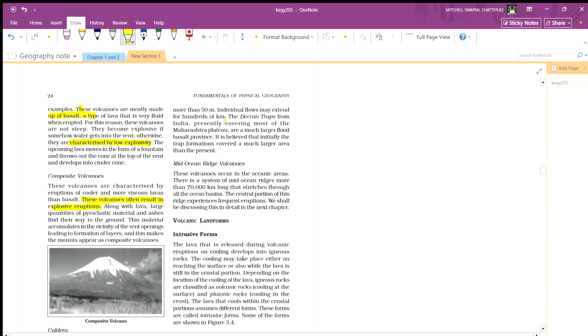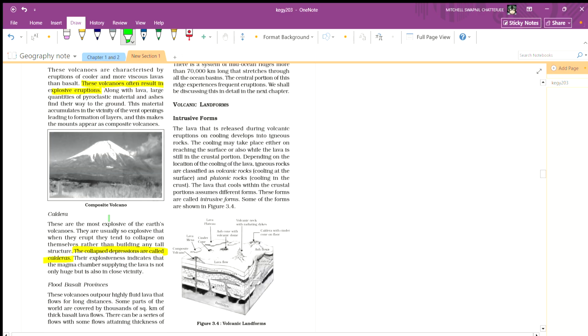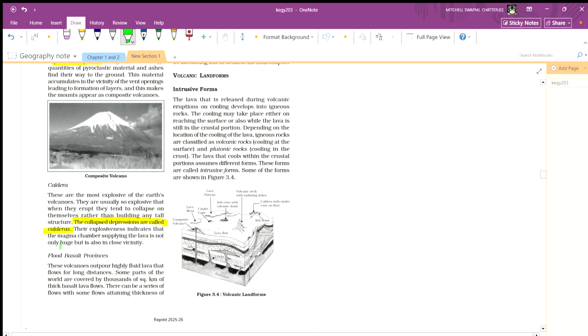The Deccan Trap from India is the most famous example of this. The Deccan Trap presently covers most of the Maharashtrian plateau and much larger border areas. So that means the Deccan Traps are made from flood basalt provinces, not calderas.